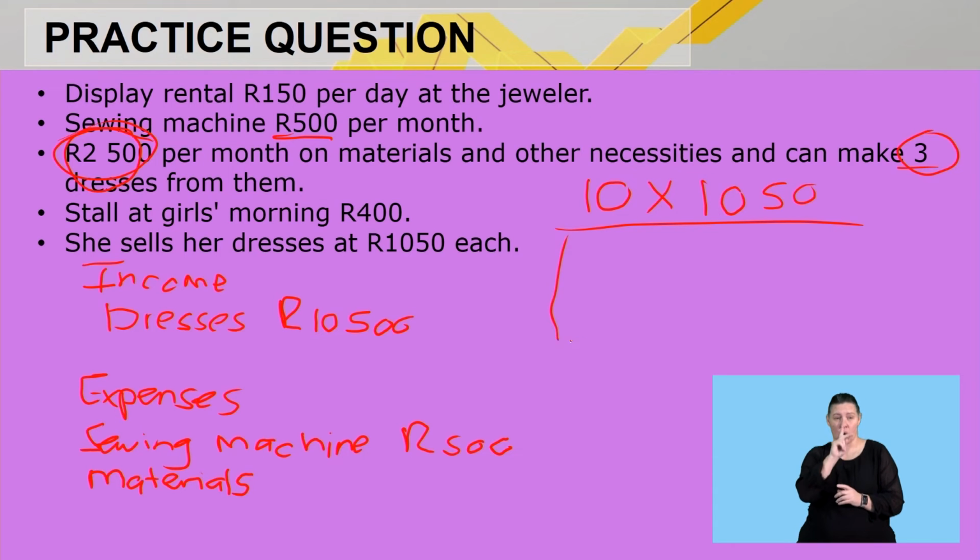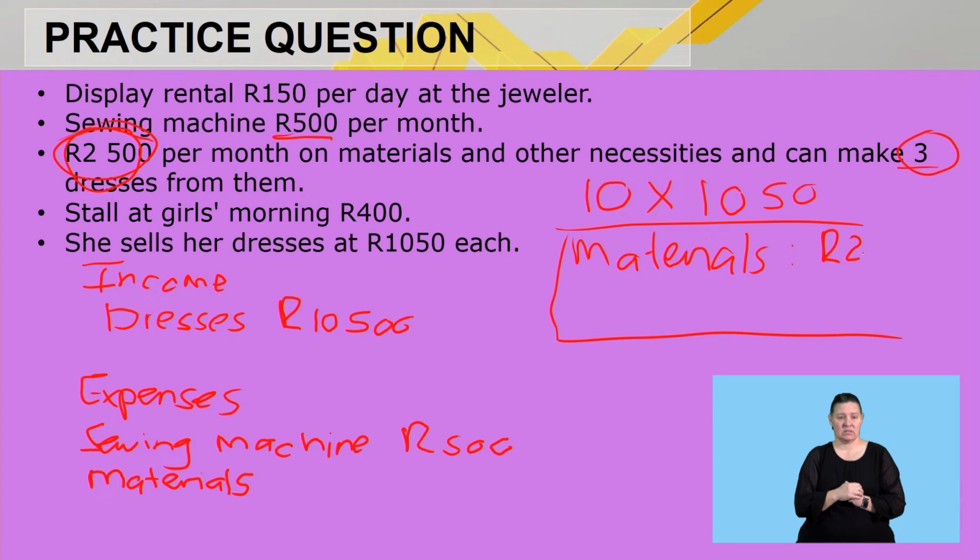So if we look at the materials, the 2,500 that she can do 3 dresses with, her spend per dress is going to be 833 Rand.